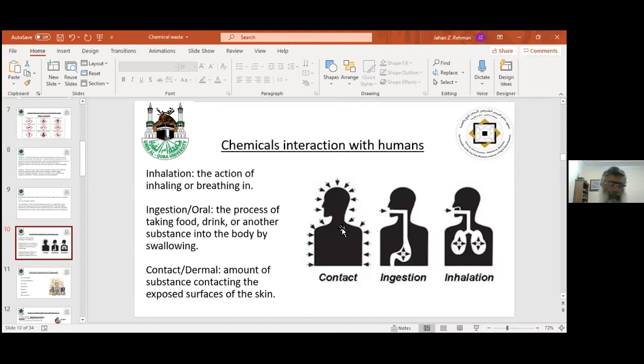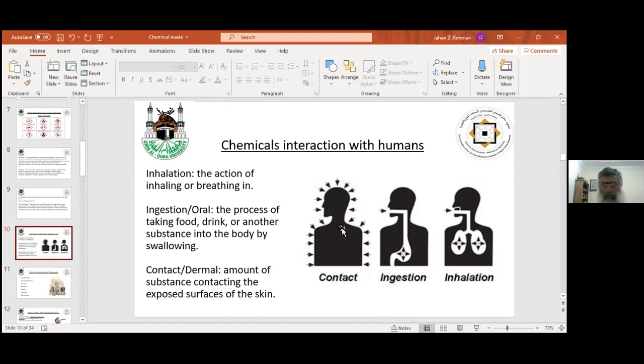The third thing, skin contact or dermal exposure, in scientific language. Dermal exposure is, for example, if we are using some lotion, some cream, some oil on our skin.